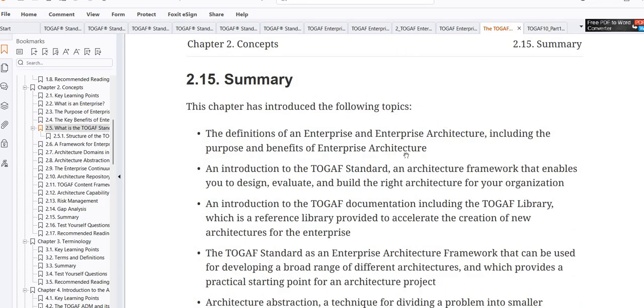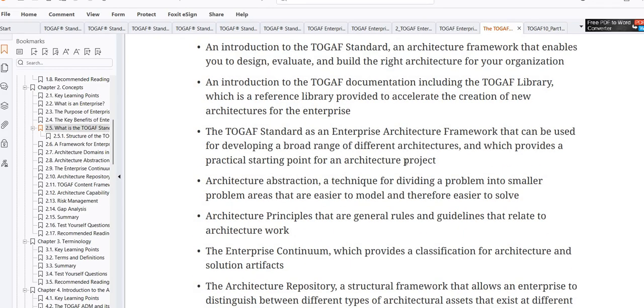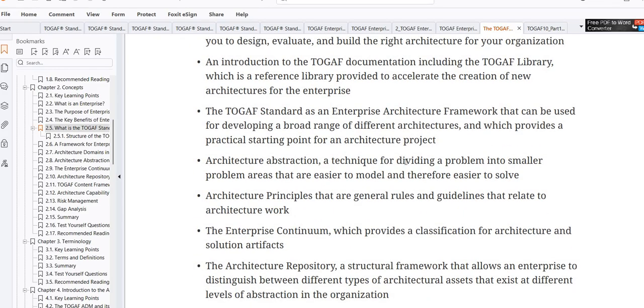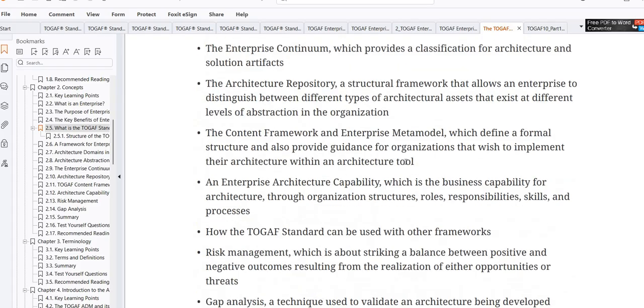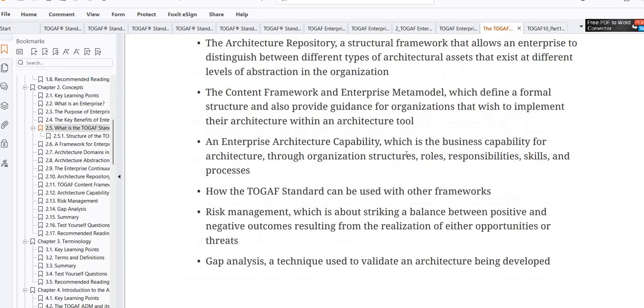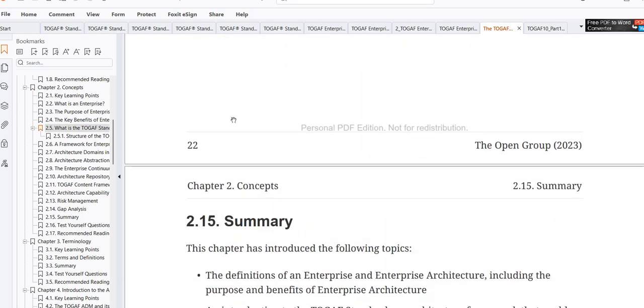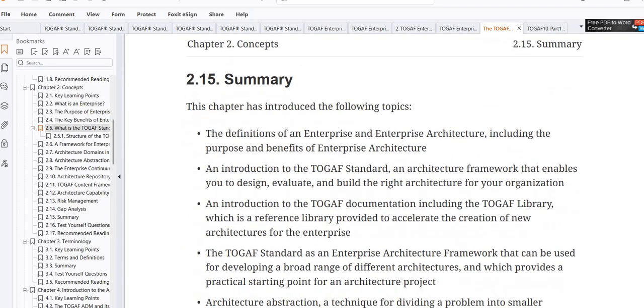Now to summarize this overall discussion, we understood the enterprise definition, TOGAF standards, abstraction, the enterprise continuum, architecture principles, and generic to architecture repository. These are the very important high-level main topics in the TOGAF series.